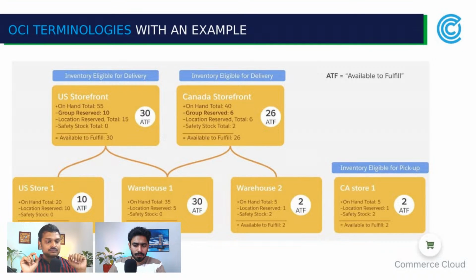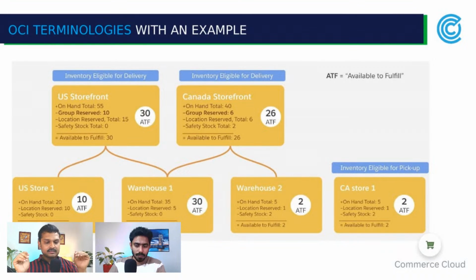Now, the location reserved total is 15 in the US storefront: location reserved under US Store 1 plus under Warehouse 1, so 10 plus 5 is 15. The sums of on hand, location reserved, safety stock and so on are aggregated and associated with the location group.